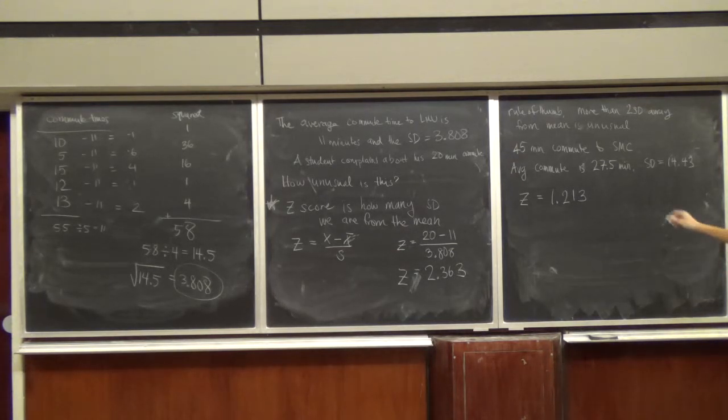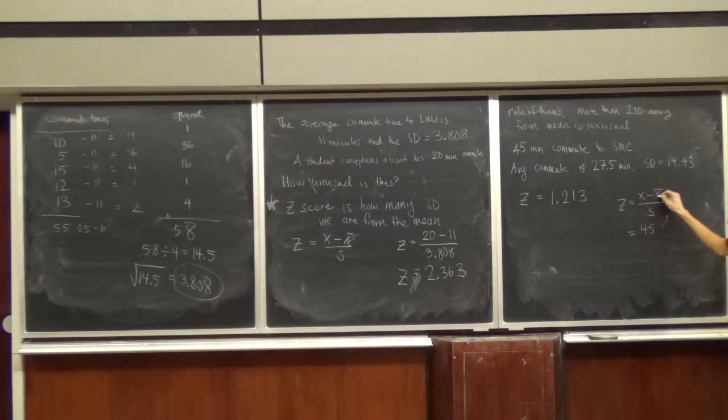So the formula looks like this. What is x? 45. Okay, do we know what x is? 45, right? That's the value that we are interested in. What is x bar?